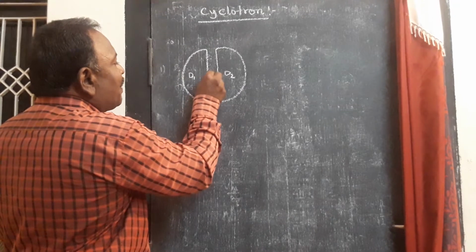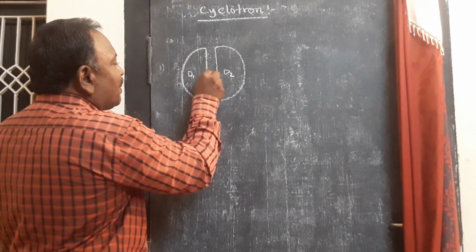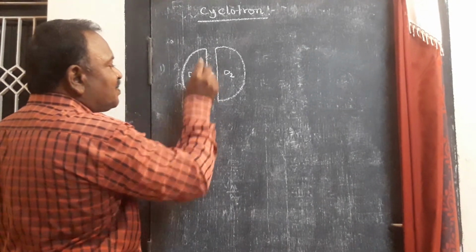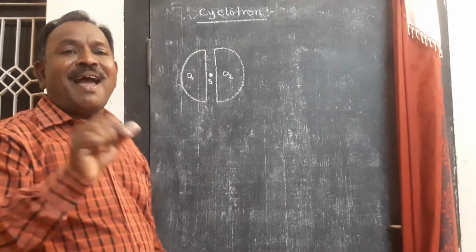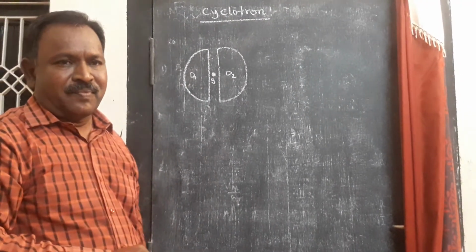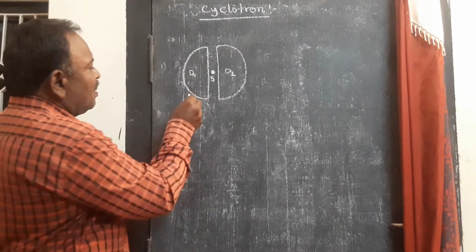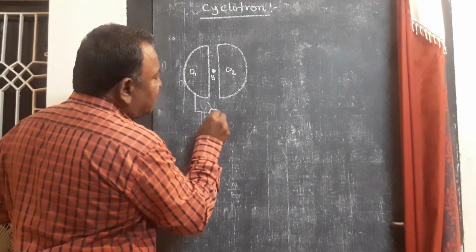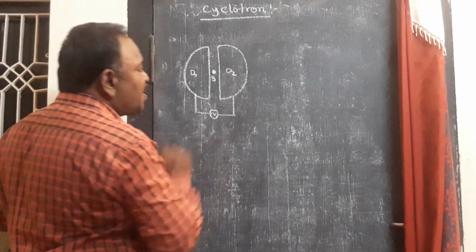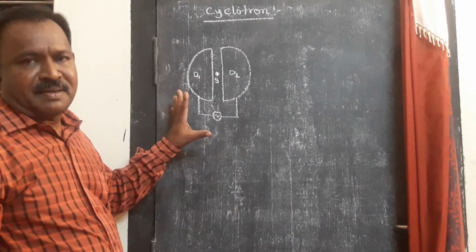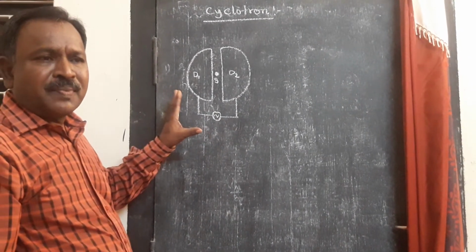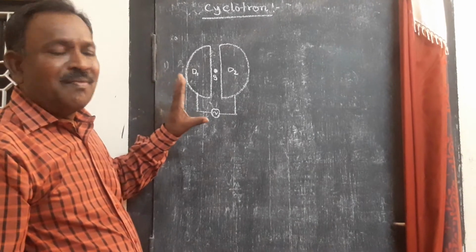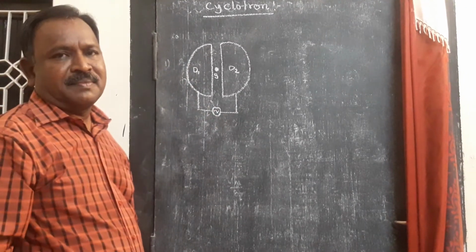Then in the gap we keep a source of charge which is to be accelerated. These Ds are connected to a radio frequency oscillator, to produce electric current of very high frequency.